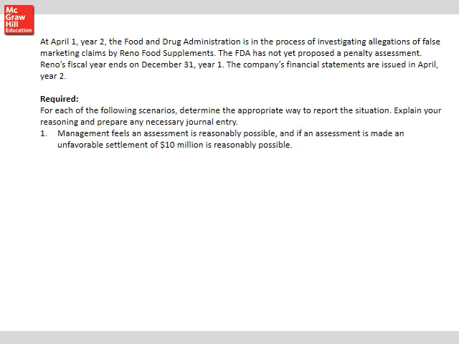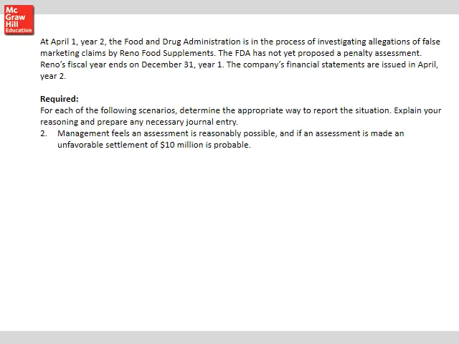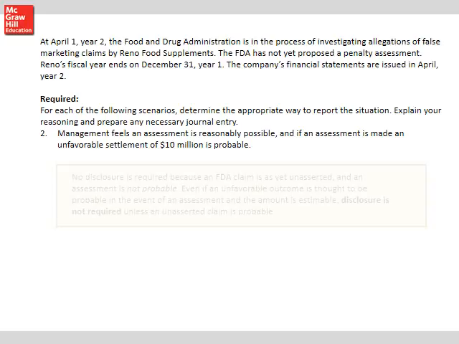Okay. So in the first case, management feels that the assessment is reasonably possible and, if the assessment is made, $10 million is reasonably possible. No disclosure is required because the FDA claim is unasserted and an assessment is not probable. Number 2, management feels that the assessment is reasonably possible and if the assessment is made, $10 million is probable.